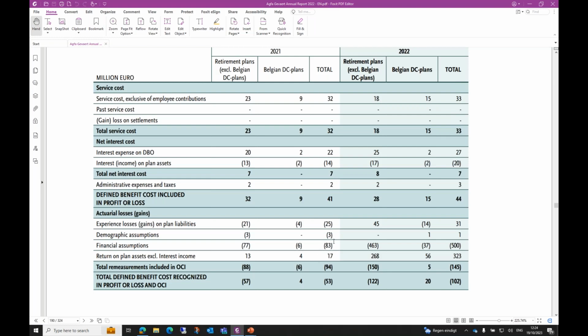And you indeed see here that the financial assumptions and the return on plan assets are partially offsetting, and that they were much higher in 2022 than in 2021, which explains the discount rate that already went up from 21 to 22, and most likely in 23 it will increase even further because discount rates have gone up. Obviously, in the financial assumptions, there is more to consider than only the discount rate.